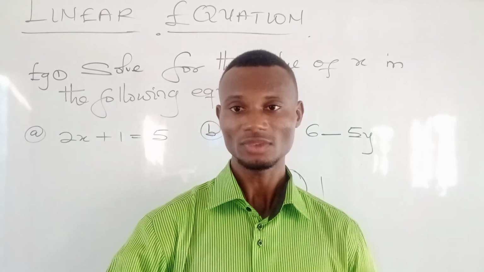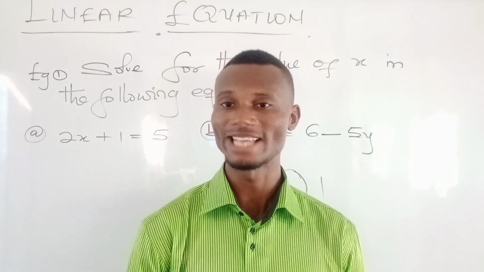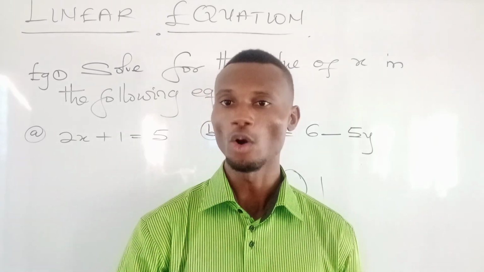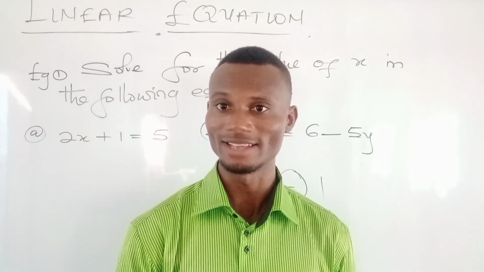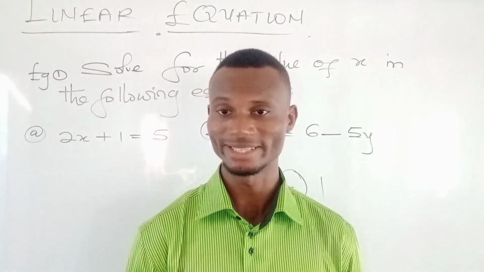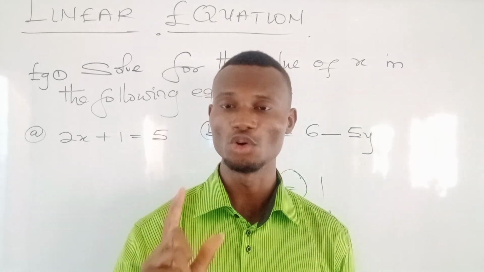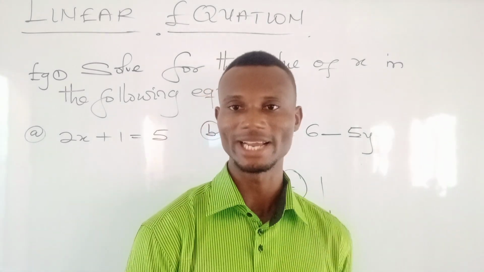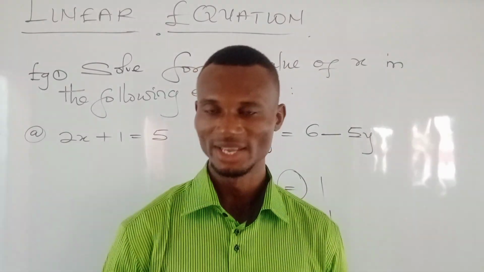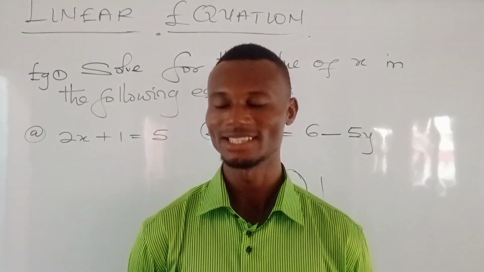Okay, and for me to identify what type of equation it is, the power of the unknown variable will tell us which type of equation it is. Okay, so when the highest power of the unknown variable is 1, then it becomes a linear equation, and that is what we are learning in this video.